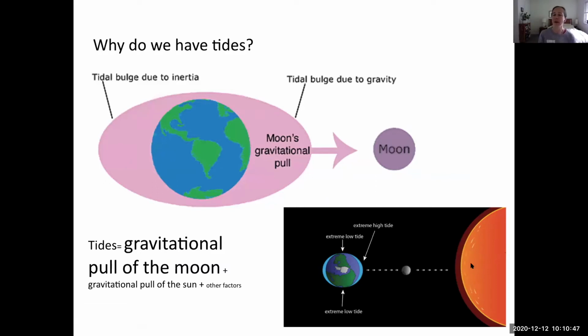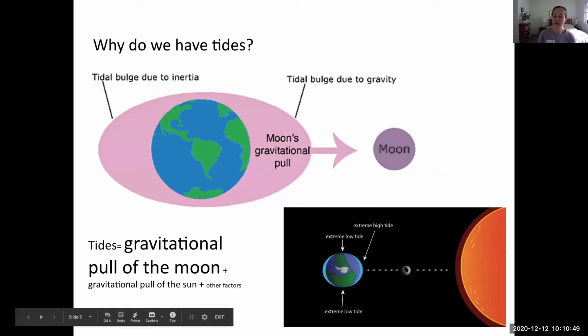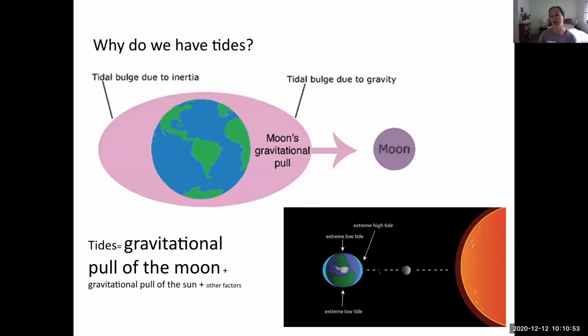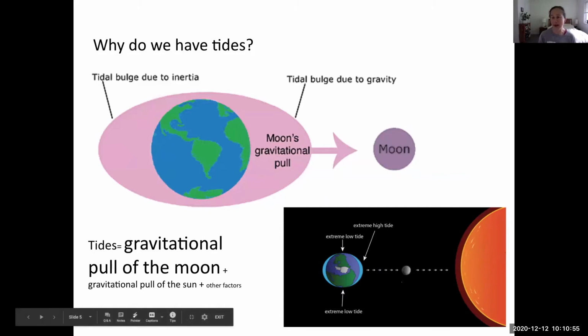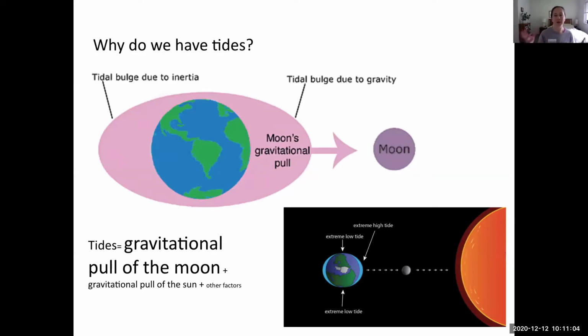If you think about which side of the moon we're seeing, when the moon is between the sun and the Earth, we're seeing the dark side. So that's a new moon. That's when we have a spring tide, and that is not a seasonal reference. It refers to, in the olden days, people talking about the tides springing forth very vigorously.